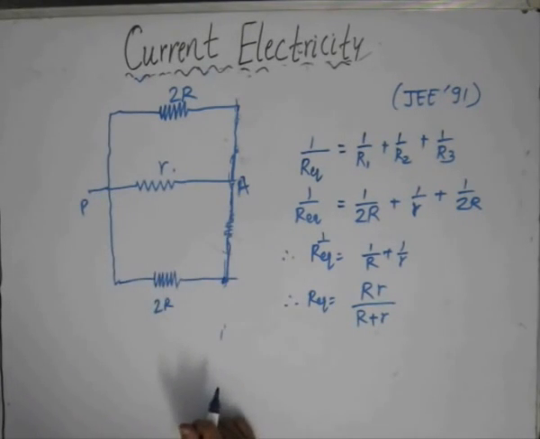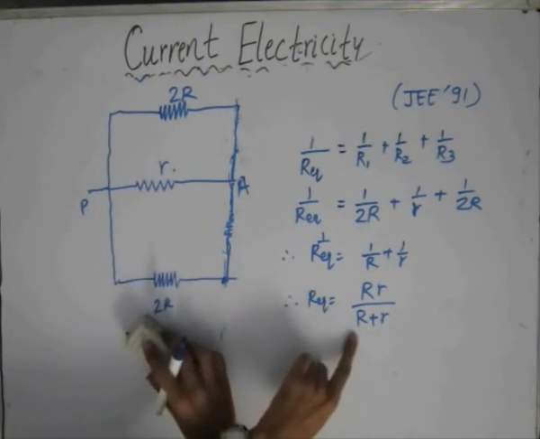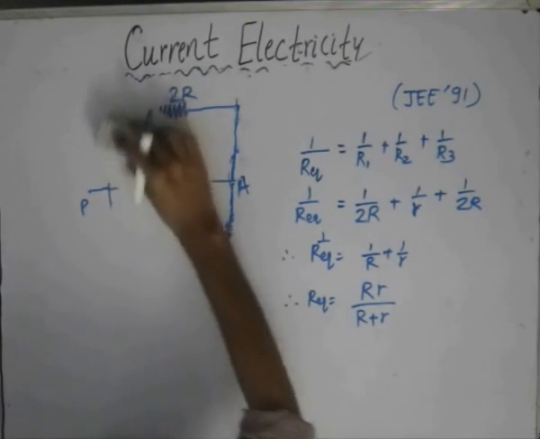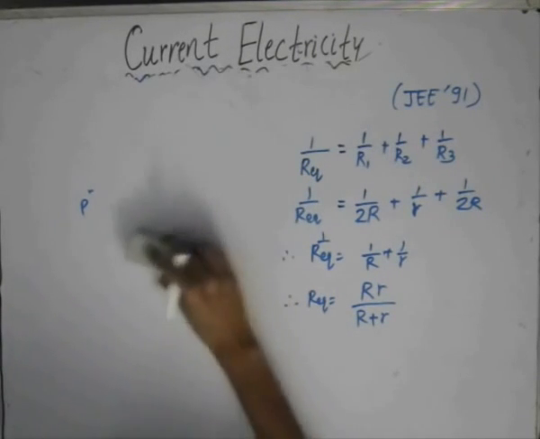But what we require is the equivalent resistance between the points P and Q. Since the structure was symmetrical, we can connect the same value of resistance in the other half. So we are left with a circuit containing two resistors in series.